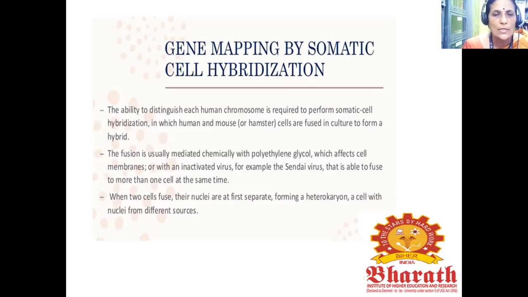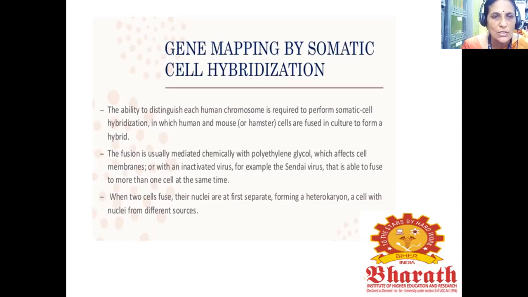When the two cells fuse, their nuclei are at first separate, forming a heterokaryon, a cell with nuclei from different sources. The ability to distinguish each human chromosome is required, with human and mouse cells fused in culture to form a hybrid.